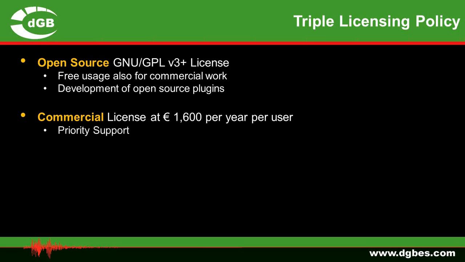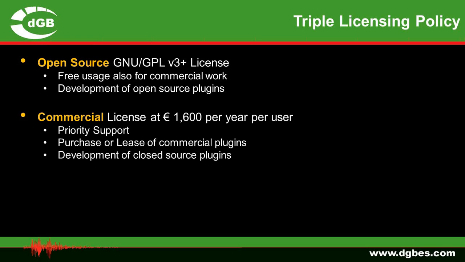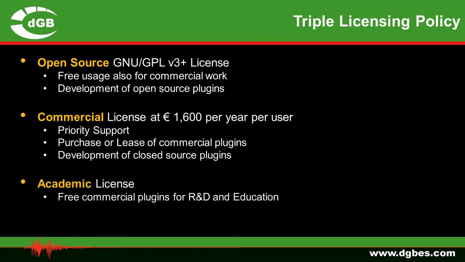This gives you priority support. It allows for the purchase or lease of commercial closed source plugins and for the development of the closed source plugins too. And finally we have an academic license which allows for free use of commercial plugins for R&D and education purposes only, and also a liberal release policy when it comes to developing your own plugins.